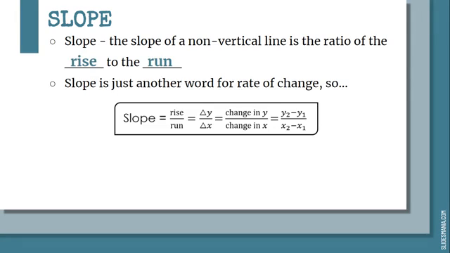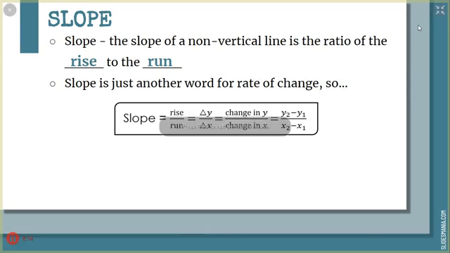The y values tell us the rise: do we go up or down? And then the run tells us whether to go left or right. So when we find slope, the rise, how we move up and down, goes in the numerator, and the run in the denominator. How do we move left and right?